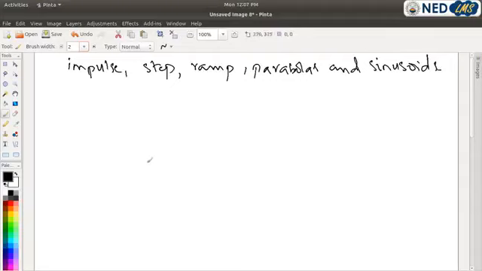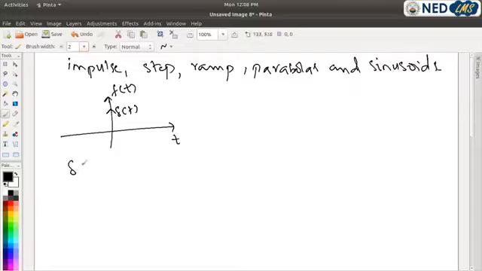The plot of their waveforms are as follows. This is the plot of the impulse input.